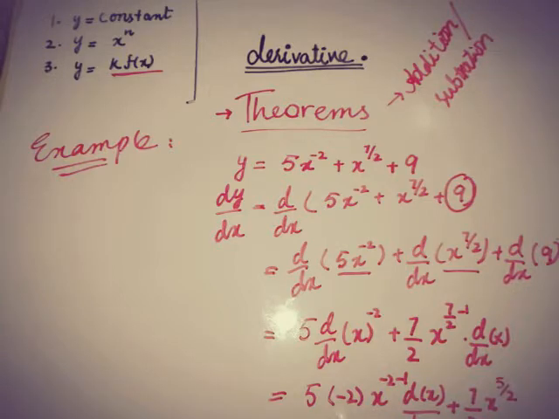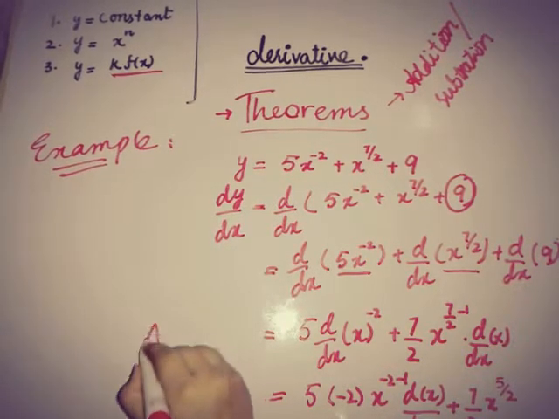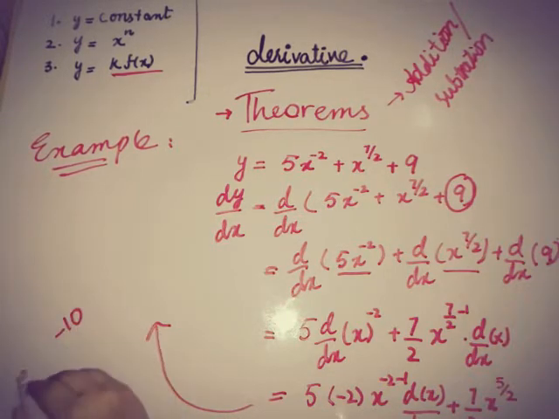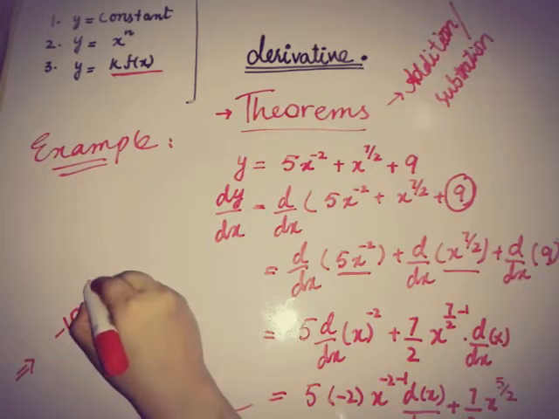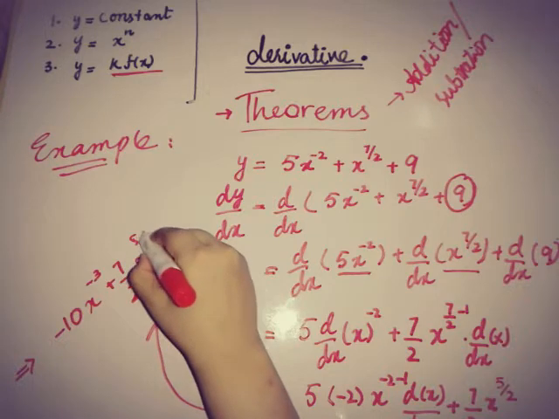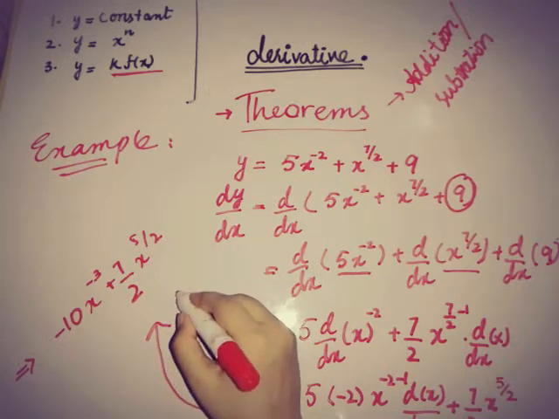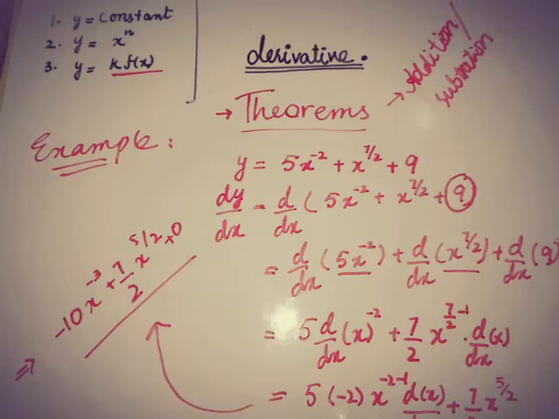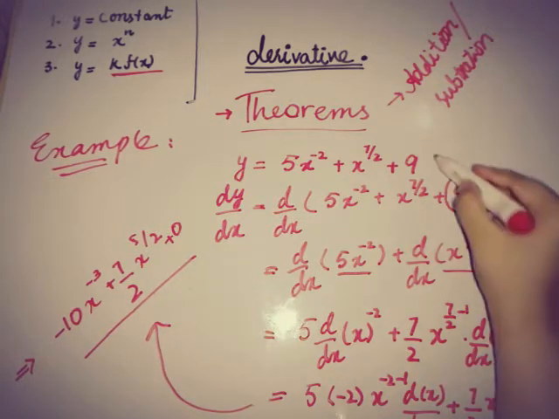So it is minus 10, x to the power minus 2 minus 1, we get minus 3, plus 7/2 times x to the power 5/2, plus 0, and this is the required answer for this function.